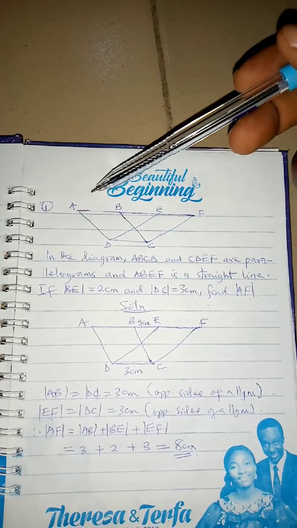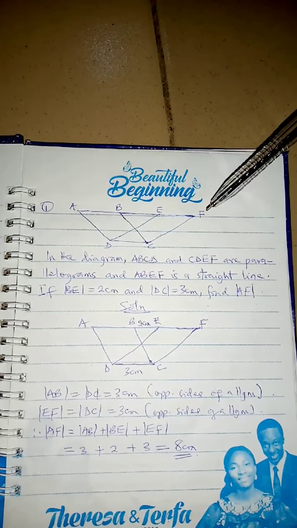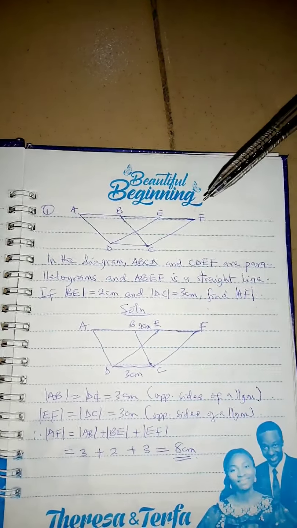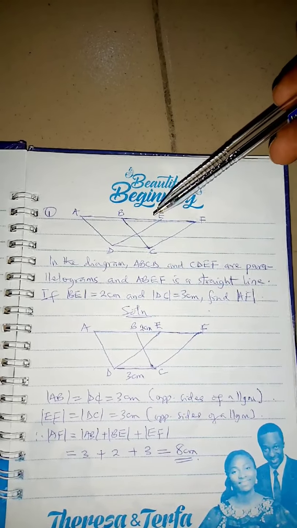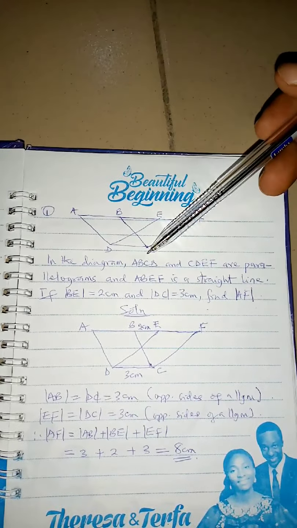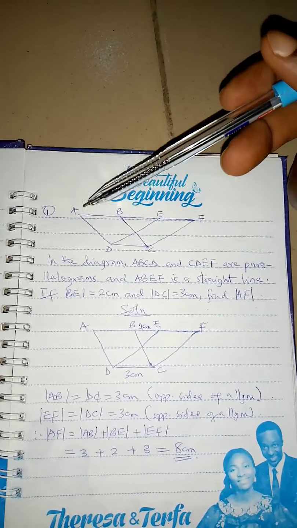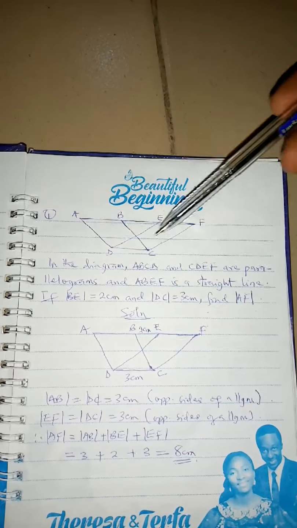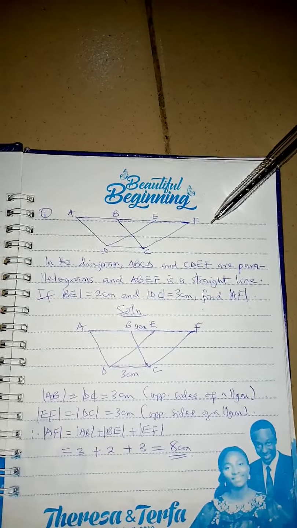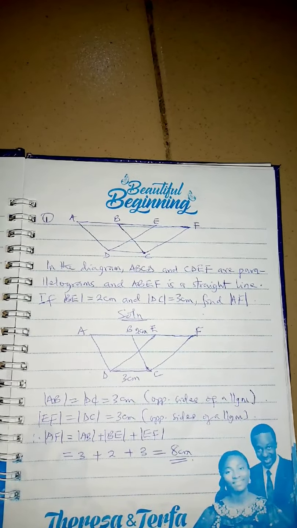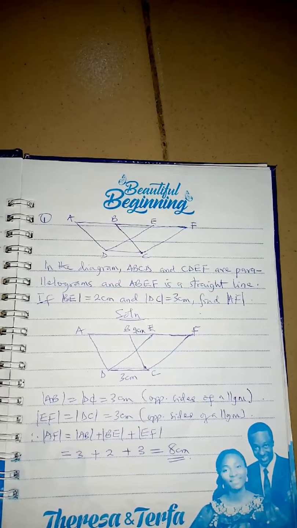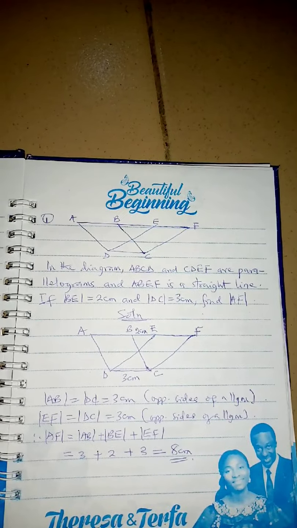Then you have ABEF to be a straight line. B to E is 2 cm. D to C is 3 cm. So we are to calculate from A to F. How will I apply those properties I said you have in those notes to solve this particular problem?